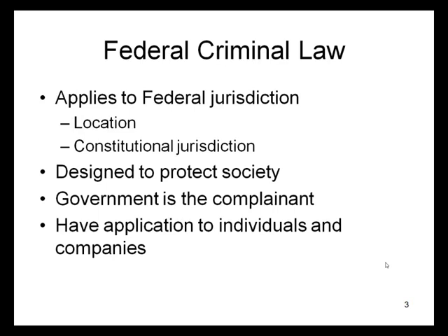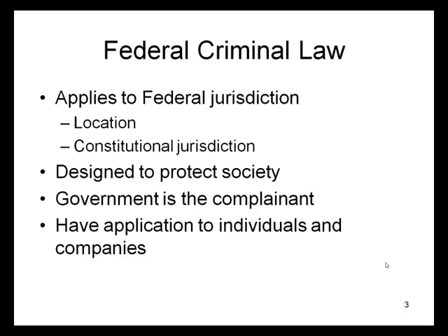Now, as I mentioned before, federal criminal law applies in what's called the federal jurisdiction. And federal jurisdiction can be achieved in one of several ways. There are some physical locations that are inherently federal territory. And an obvious example might be something like the White House or the Capitol building.